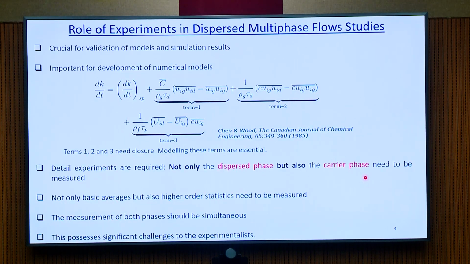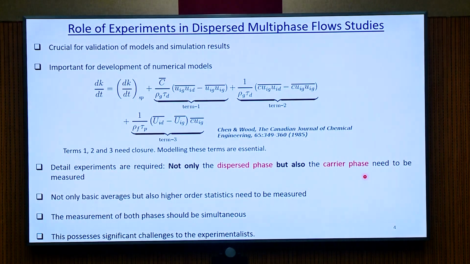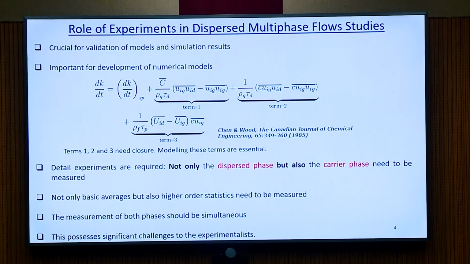Now, what are the roles of experiments in understanding the dispersed multi-phase flow? First, experiments are crucial for validation of models and simulation results. Second, it is also important to develop new numerical models.